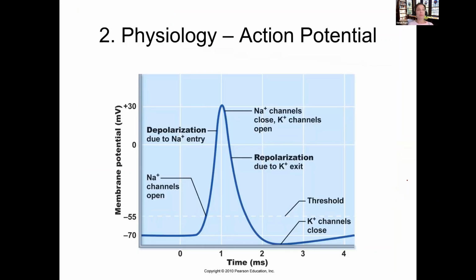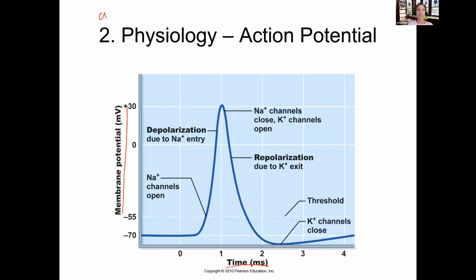This is just showing you resting membrane potential. It's just showing you what's happening with the voltage on the membrane. So you can see here, we have our membrane potential on the y-axis, and we have time on the x-axis.